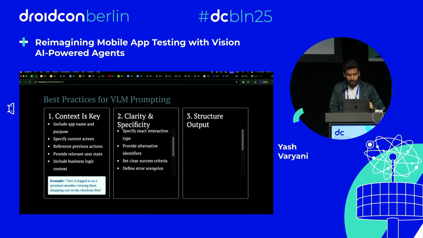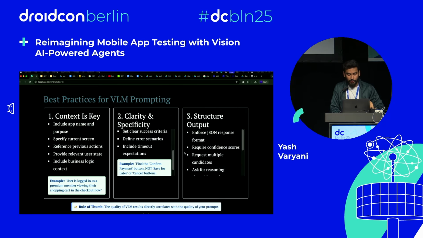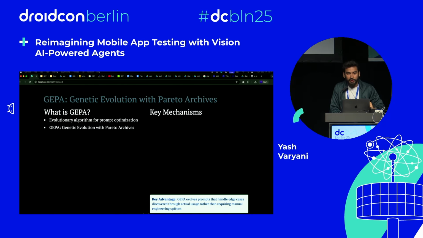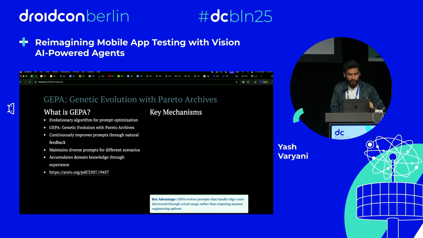Clarity and specifications is where you tell about error scenarios, which you already talked about, and structured output. Then GEPA is a new finding that we had. It's a great research paper that's out there, and everybody here should probably read it if they find time. Take a screenshot of this. What it works with is genetic evolution and Pareto principles, where it says that we will let the LLM figure out the right prompt itself.